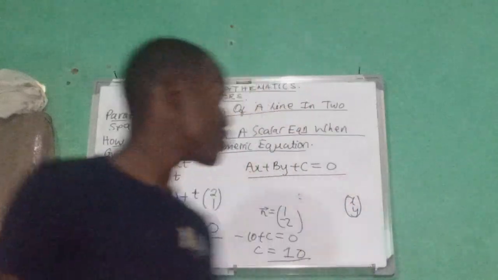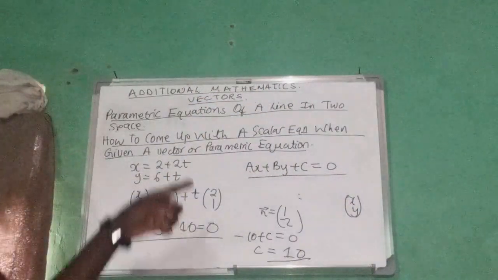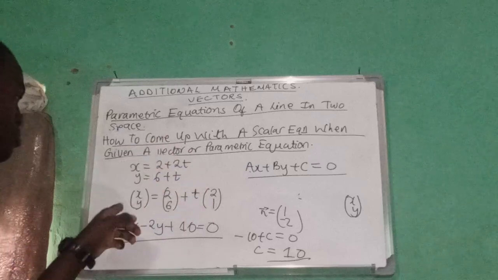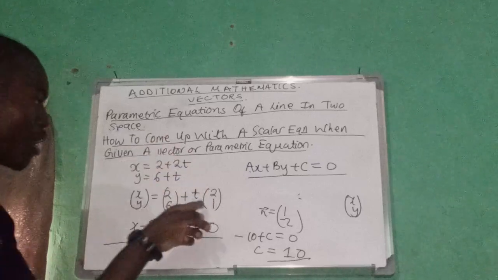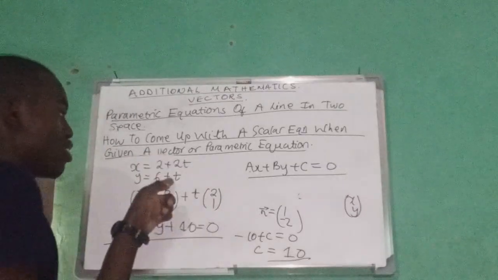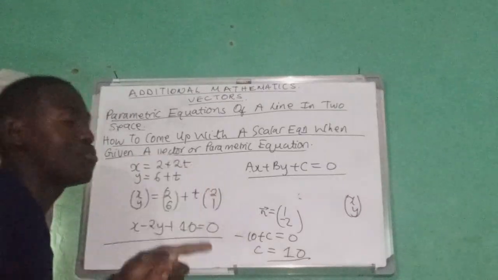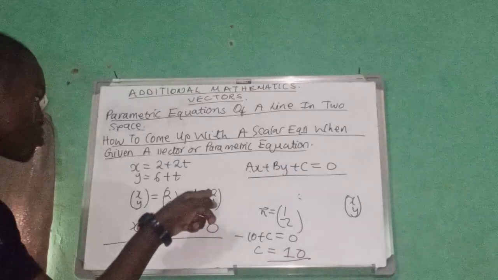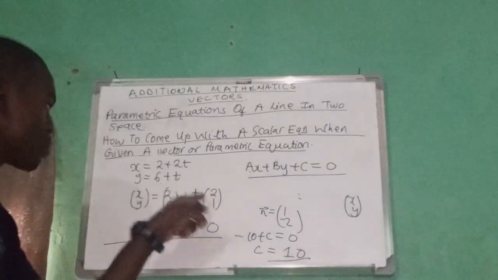Alright, this is the video summary. We had a parametric equation. We then formed this vector equation with a direction vector here. These numbers with t represent the direction vector. t times 2 is 2t, t times 1 is t.